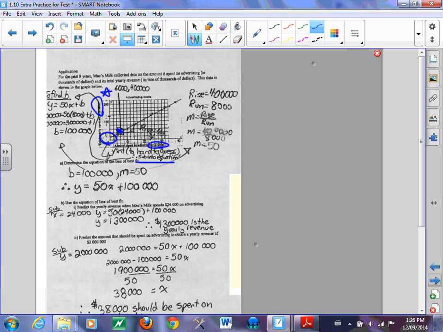Please see me in class if you need help with that. And likewise for your last example, please make sure to find b that you sub in a point, because you had to use a break in your data, so you could not just get the y-intercept from here. You cannot do that because that's not joined.